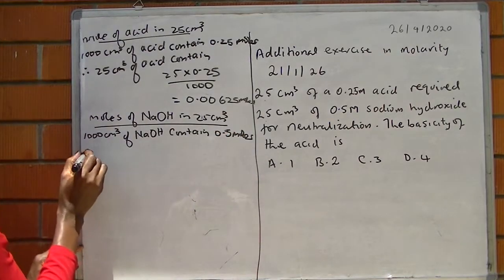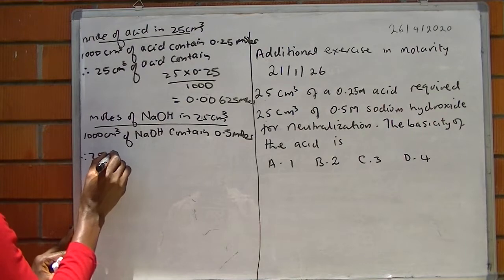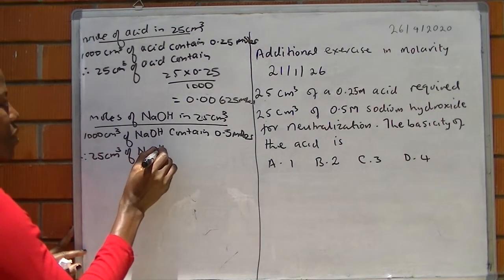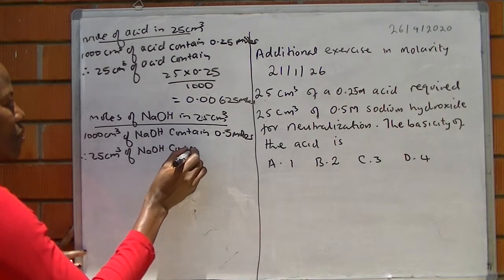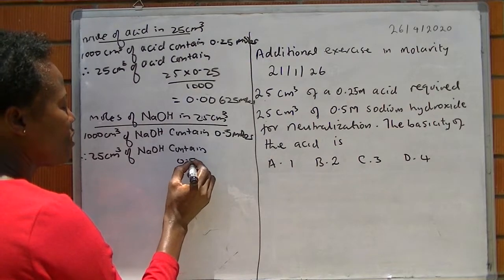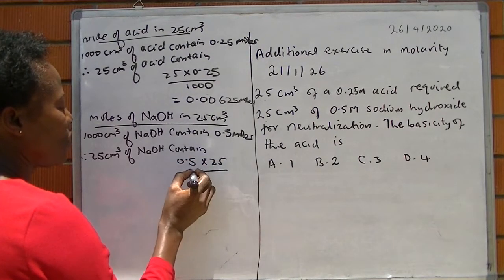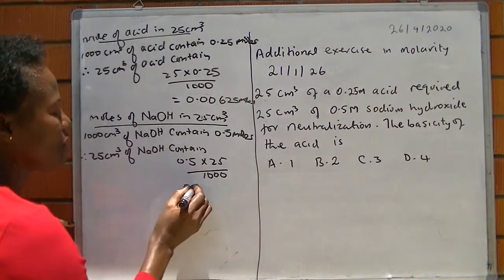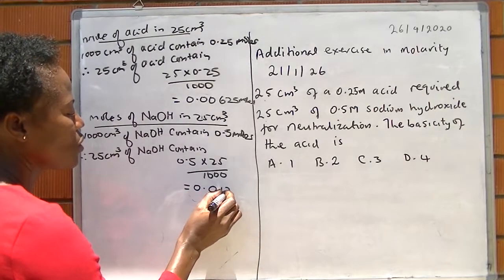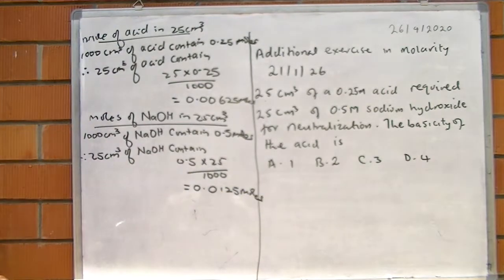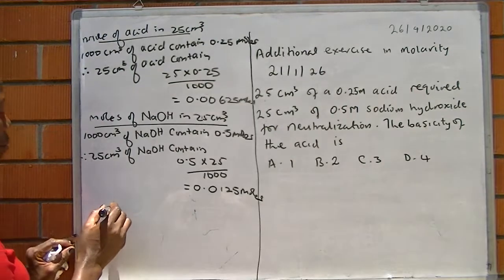What about 25 cubic centimeters of sodium hydroxide will contain, we cross multiply 0.5 times 25 over 1,000, which is equal to 0.0125 moles. So having obtained the moles for both reactants, now we can go and get the mole ratio.